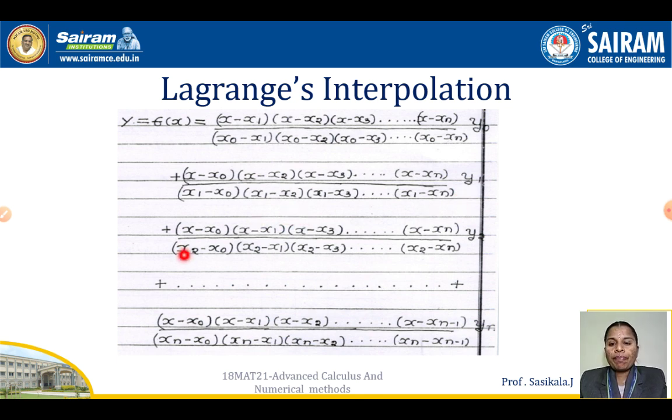Next, (x minus x0)(x minus x1) etc. (x minus xn) by (x2 minus x0)(x2 minus x1)(x2 minus x3) etc. up to (x2 minus xn) into y2, till the yn term. When writing the yn term, in the numerator you stop at x minus x(n minus 1), because the denominator terms are all with xn, so xn minus x(n minus 1) is where it ends. This is the Lagrangian interpolation formula.